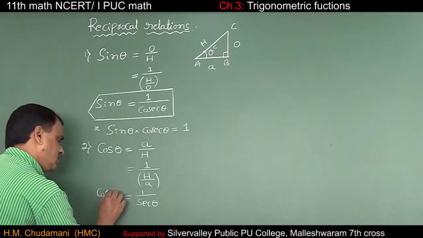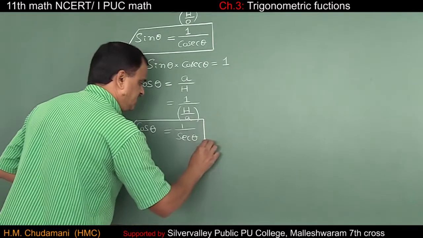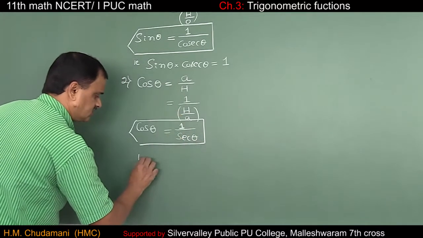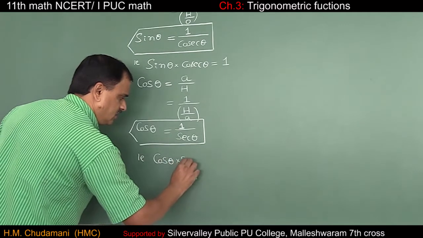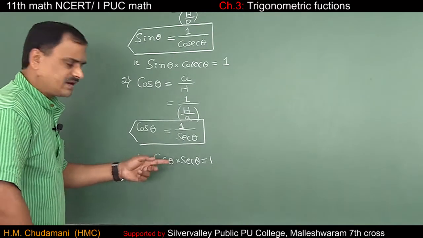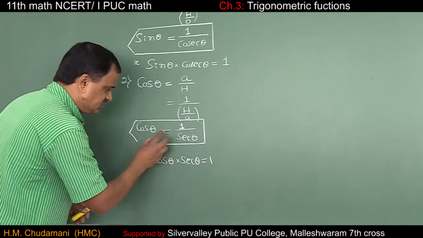So therefore, cos of the angle theta is equal to 1 by secant theta. That is nothing but cos theta into secant theta is equal to 1. We can write this as secant theta equals 1 by cos theta. I just interchange these two.